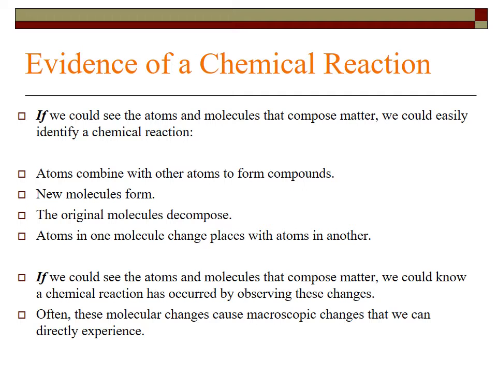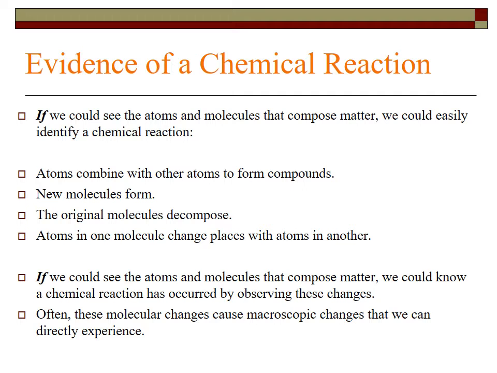But when atoms combine with other atoms to form compounds, or new molecules form, or the original molecules decompose, atoms in one molecule change places with atoms in another. If we could see the atoms or molecules that compose this matter, we could know if a chemical reaction had occurred.